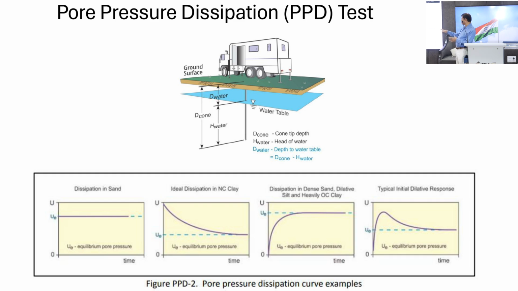In the dissipation test, it's just an example you can see. That also tells us what the material there is, whether it's a sandy kind of behavior like a drained material or an undrained material. So you can see different curves, the dissipation test curve can also decide that.